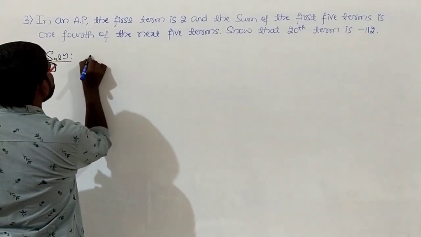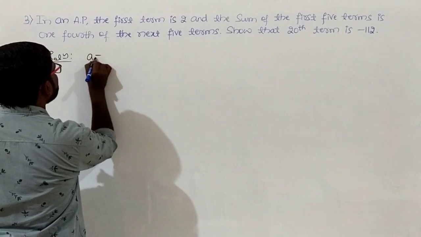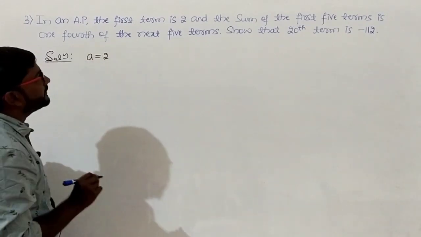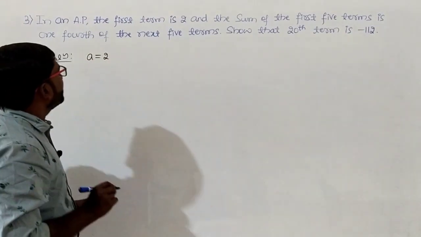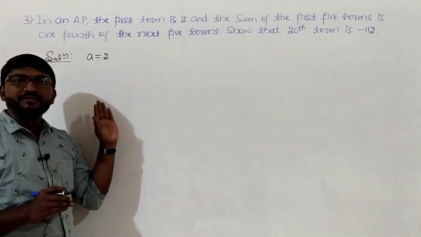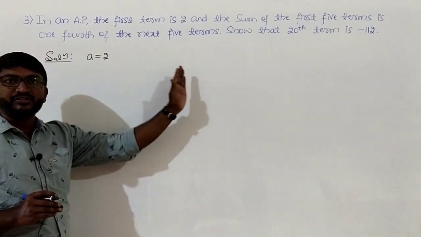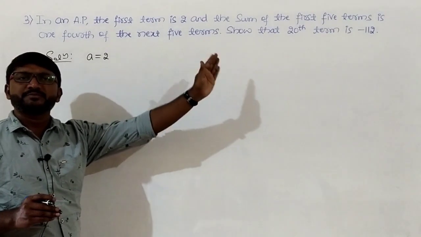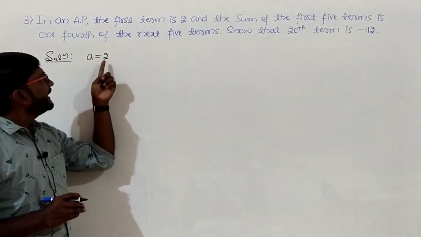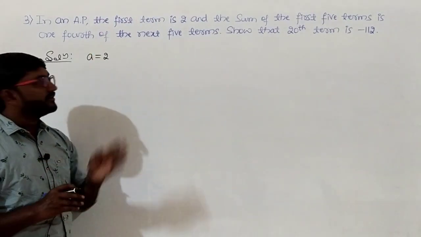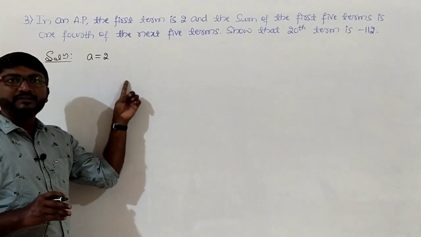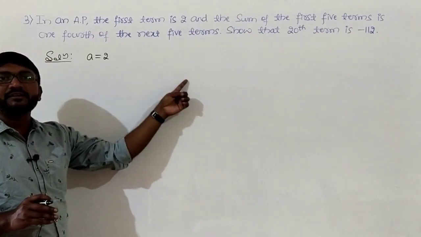So given a equals 2, the first term is 2, then we consider the arithmetic progression as a, a plus d, a plus 2d, a plus 3d, a plus 4d and so on. So what is a here? It is 2. So now we write 2, 2 plus d, 2 plus 2d, 2 plus 3d, 2 plus 4d.